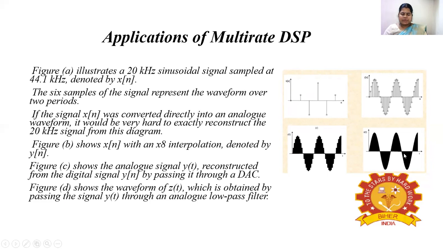Then finally, figure D shows the waveform of z(t), which is obtained by passing the signal y(t) through an analog low pass filter. After that, we get this final z(t).